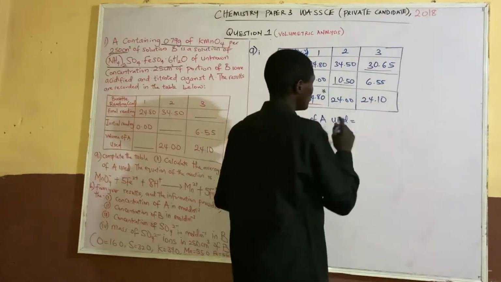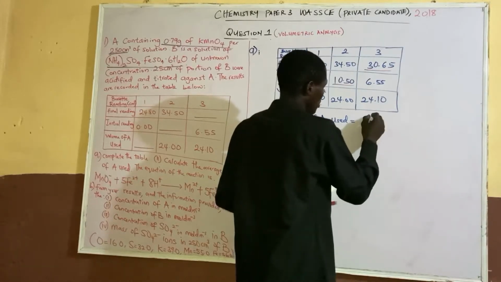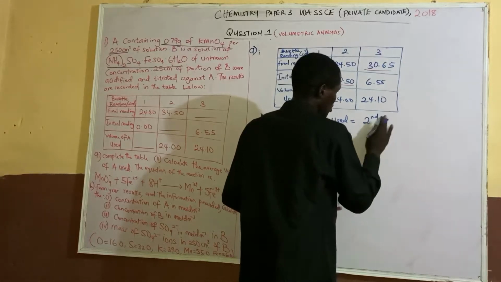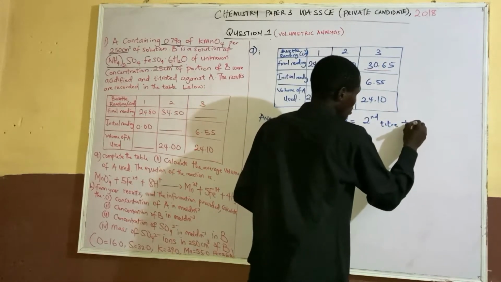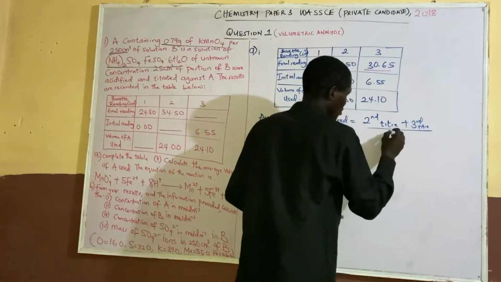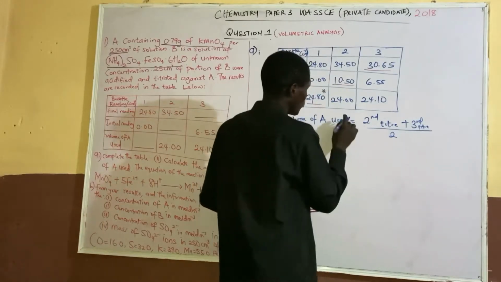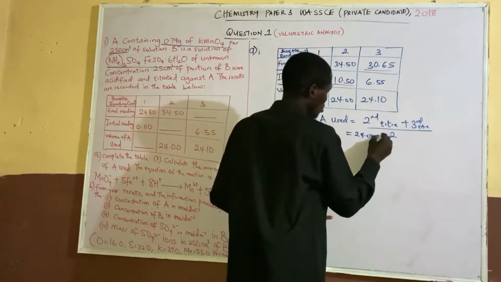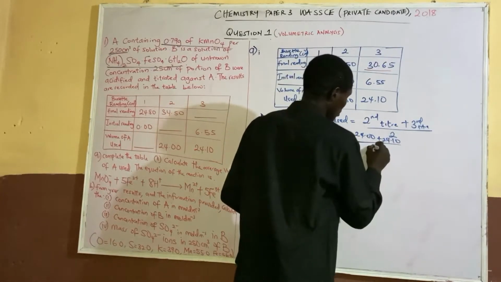So we have the second titre plus the third titre divided by 2. So the volume of AUs should be 24.00 plus 24.10 divided by 2.